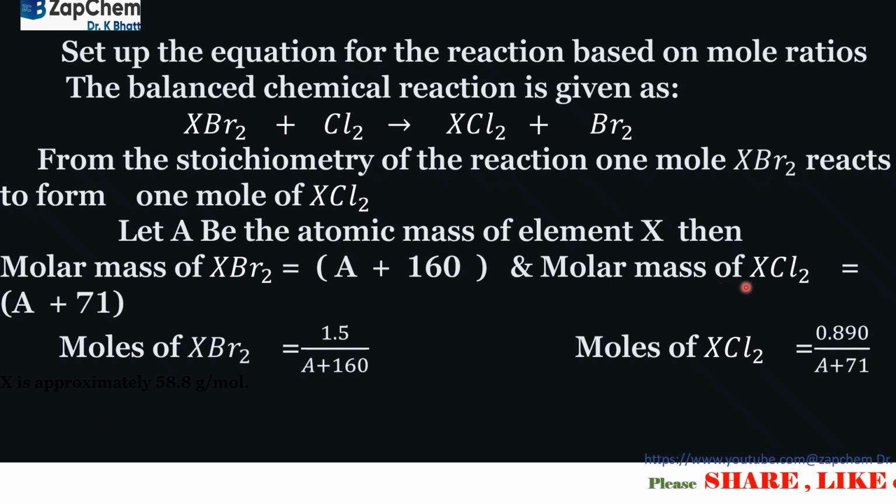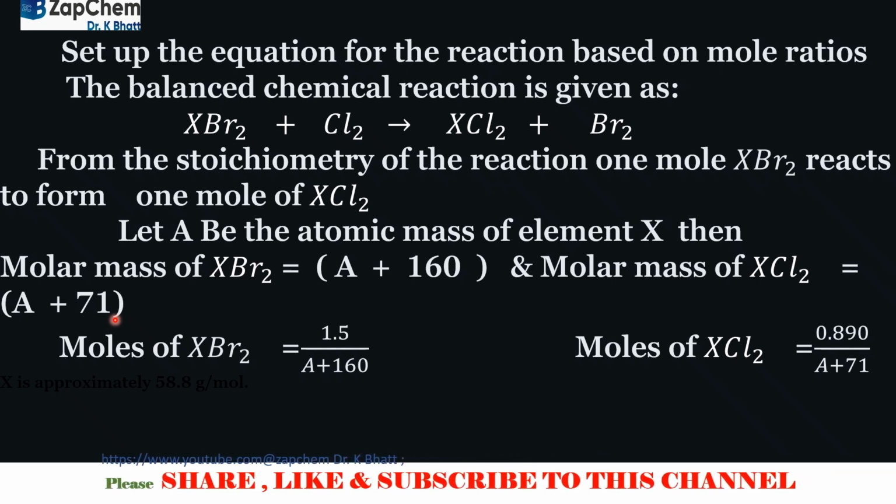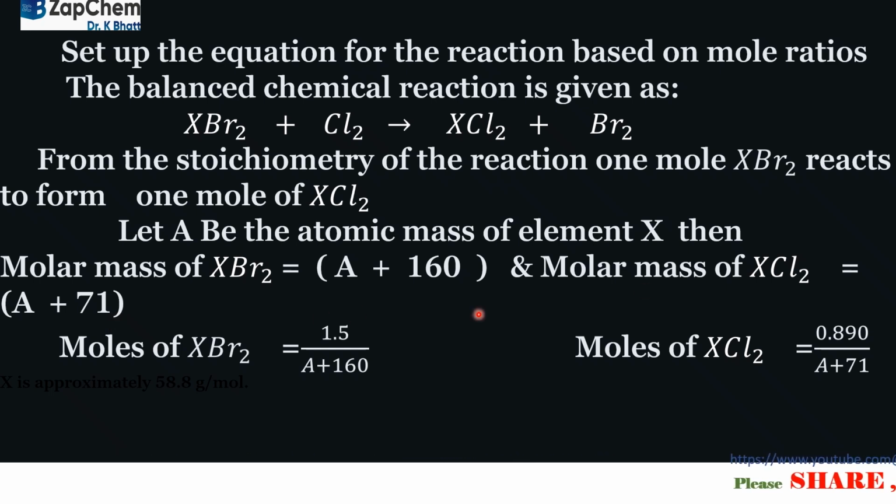Similarly, in the case of chlorine, which is 35.5, 2 times it will be 71, so the molar mass will be A plus 71.